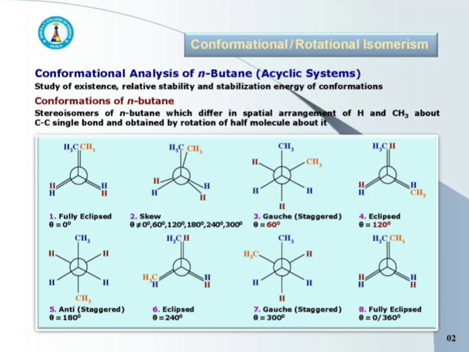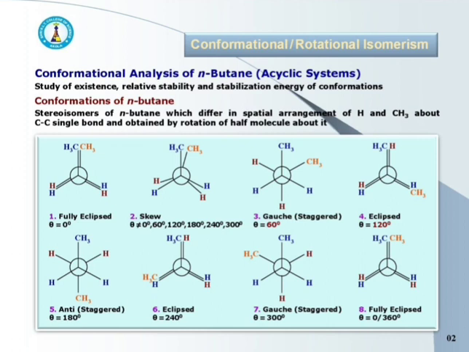Fifth conformation is the anti-conformation, which is a second type of staggered conformation. Here dihedral angle theta is 180 degree. In this conformation, CH3 groups are present on opposite sides, or we can say at trans position. Conformation number 6 is again an eclipse conformation having dihedral angle 240 degree.